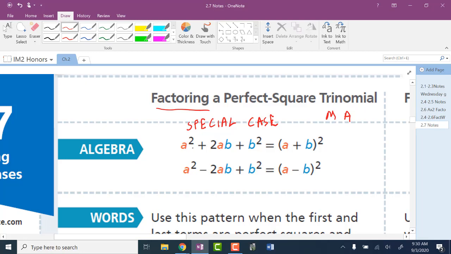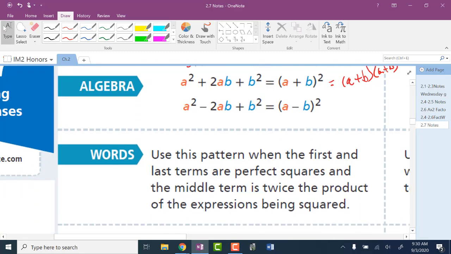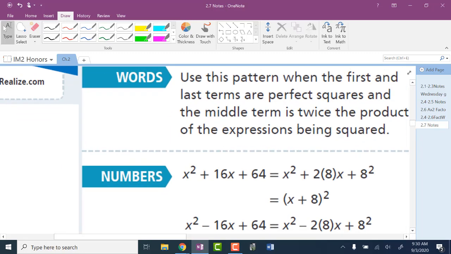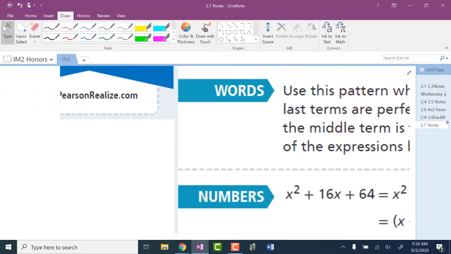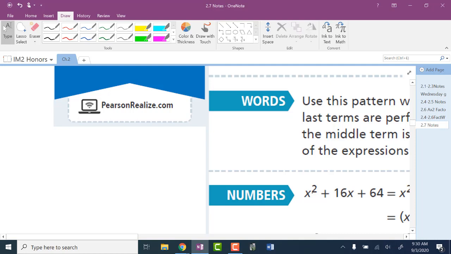And what ends up happening is it factors to be a plus b times a plus b, or a plus b squared. A binomial times itself. Here, I'll give you a for instance, and I'll use what they use out of the book here. Let's just focus on this and not make a big deal out of it. See, it is a trinomial, and it is in the form x squared plus x plus a constant, and it's very simple.